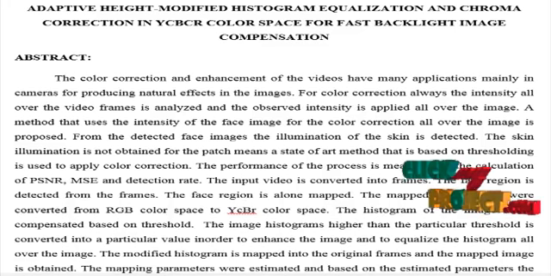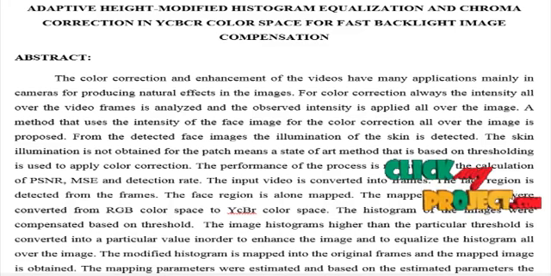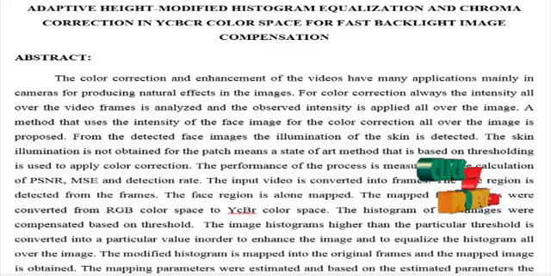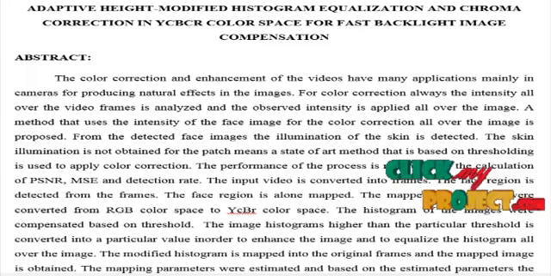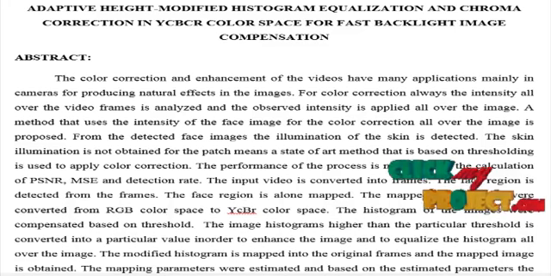The modified histogram is then mapped into the original frames and the mapped image is obtained. The mapping parameters are estimated, and based on the estimated parameters, the mapping process is employed. Low contrast map 1 and low contrast map 2 are generated.